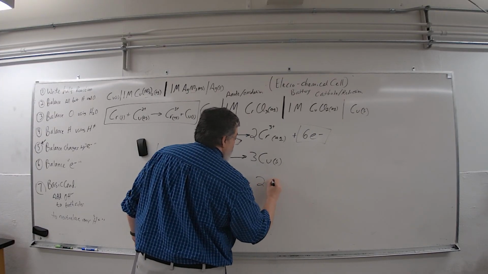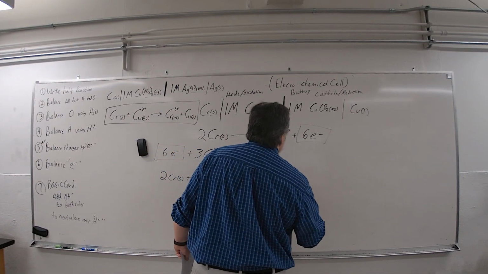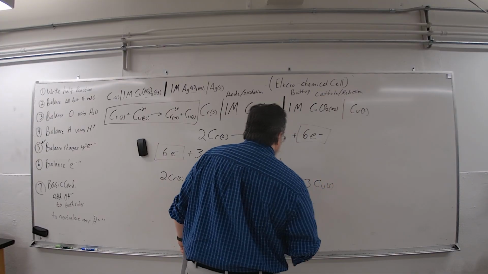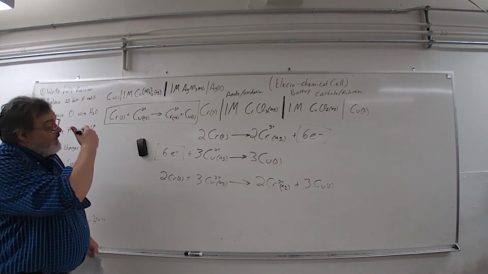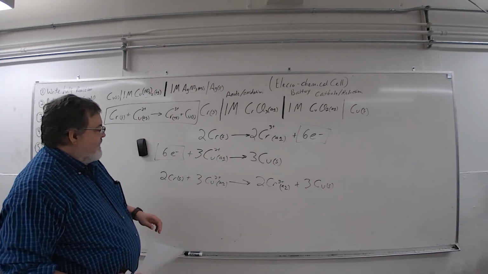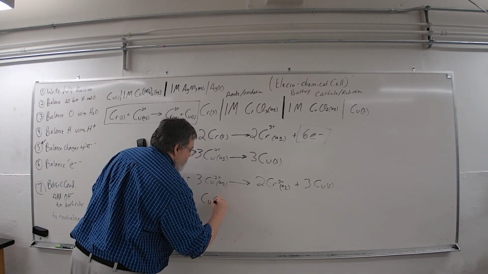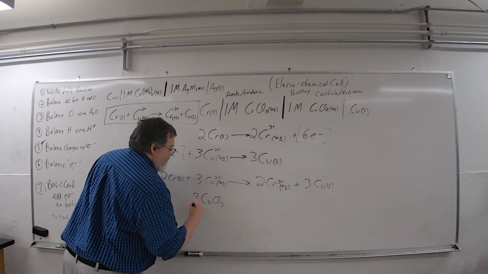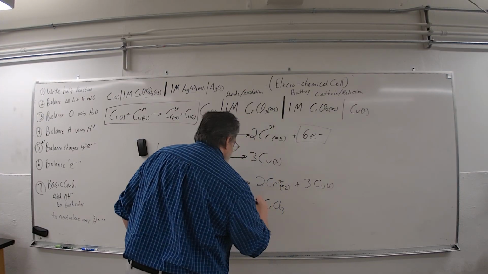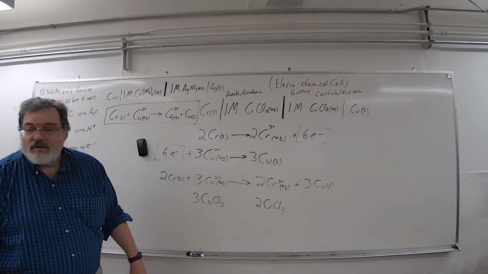Two Cr... If I stuck the Cl in there, it would still balance. This would be Cl2. So if I put the spectator in there, which is Cl, we'd have 6 chlorines and 6 chlorines. So you could stick the spectator ion there too if you wanted to.